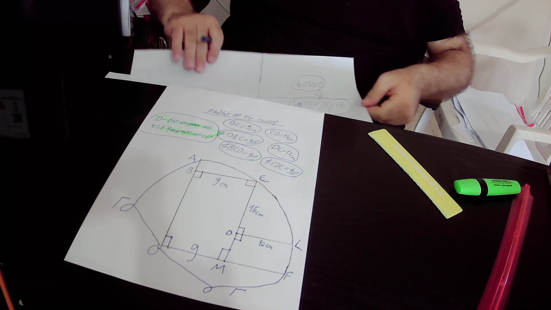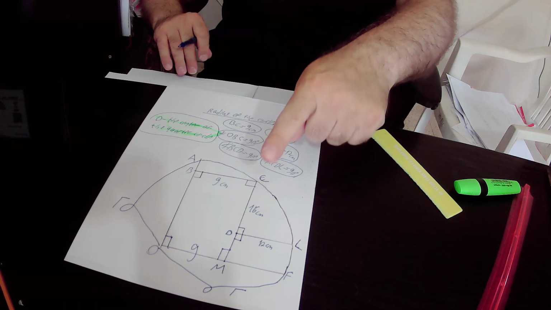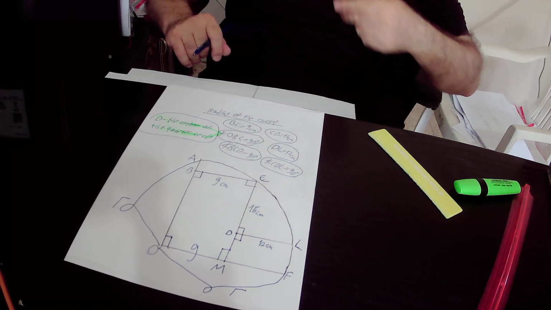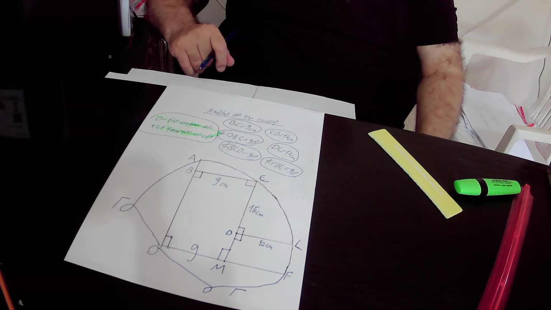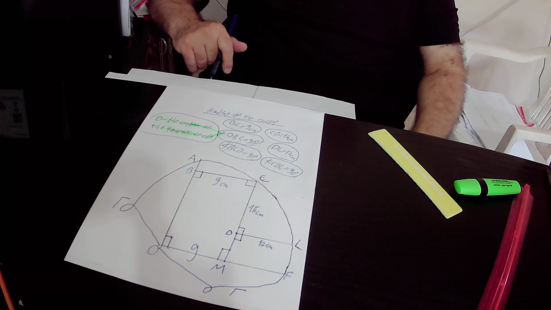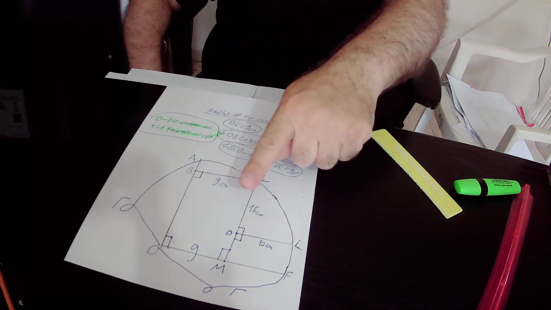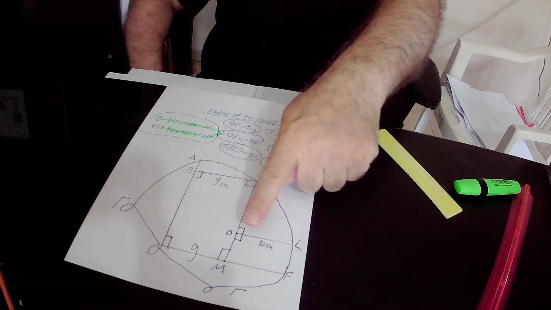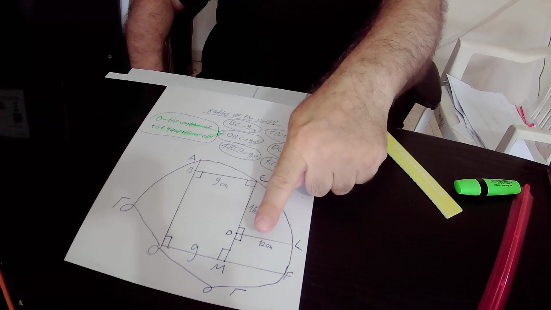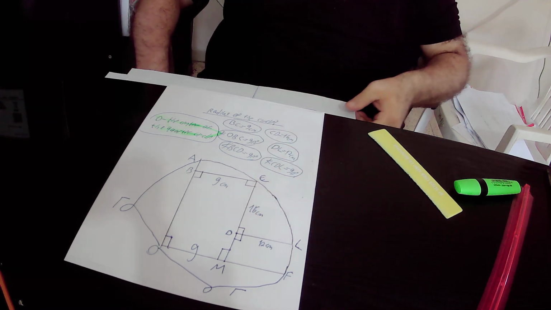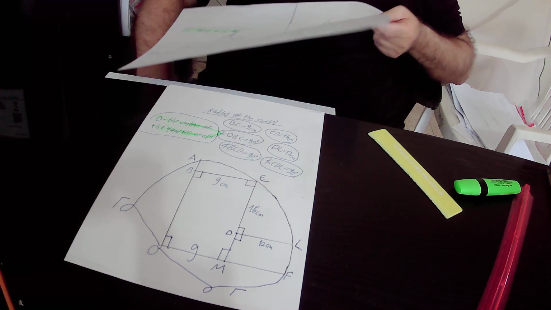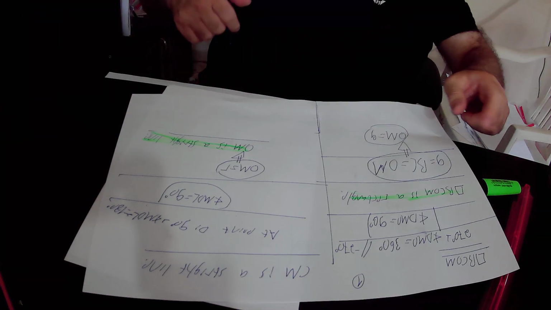So, if we focus on the upper side of this, here, OF is the radius of the quarter circle that is equal to R. Therefore, OF is a straight line.